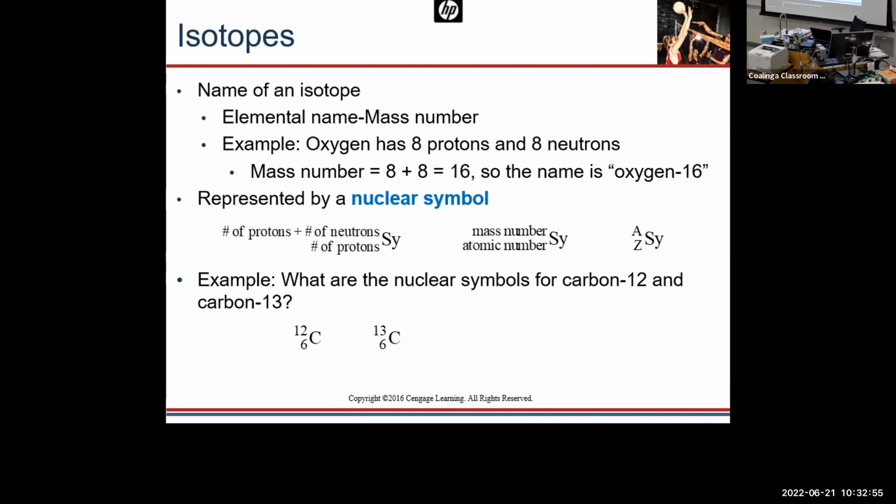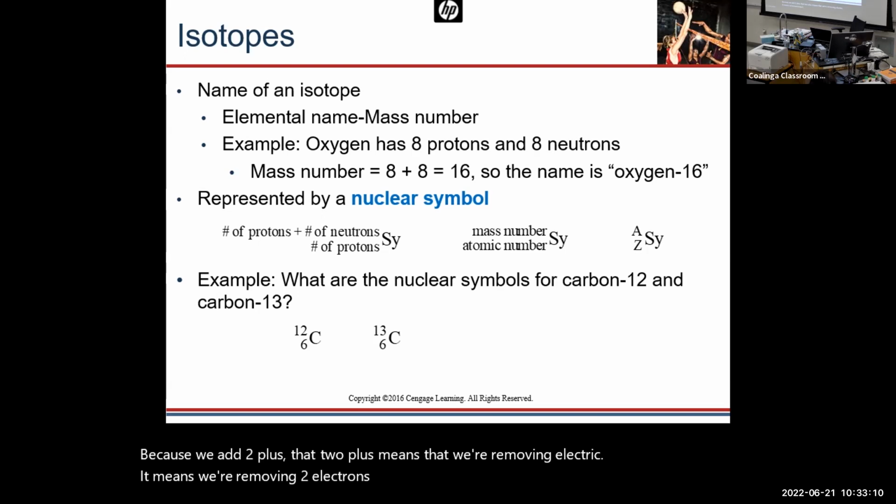And then we know in this case, because we added 2 plus, that 2 plus means that we're removing 2 electrons. So it has a total charge of +2.